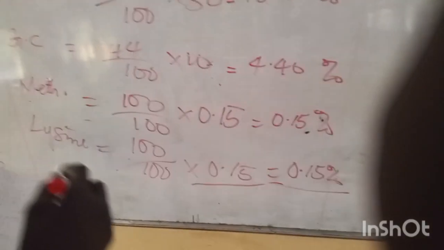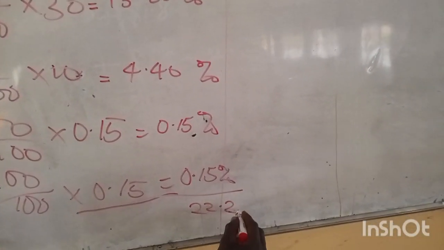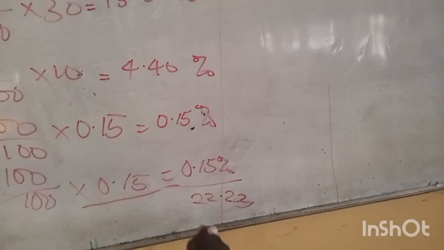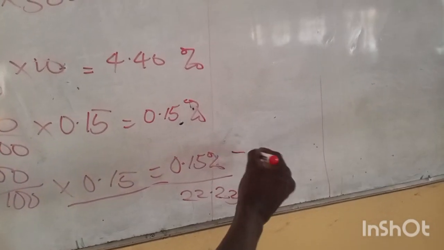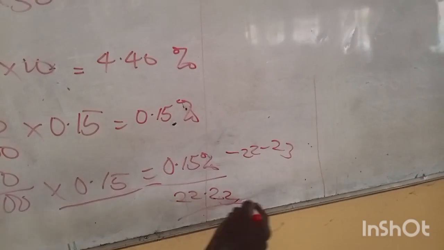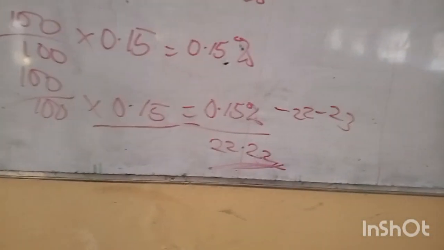Alright, so if you calculate everything together, it is 22.23. Remember, it ranged from 22 to 23. So this one is still correct. Do you understand now? So now we are going to be calculating for the what?